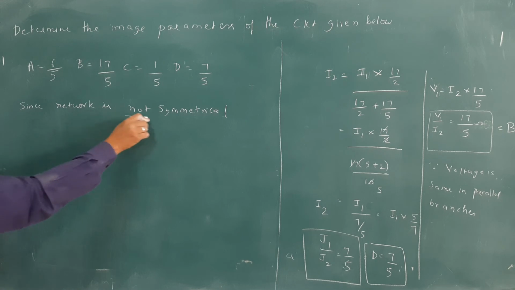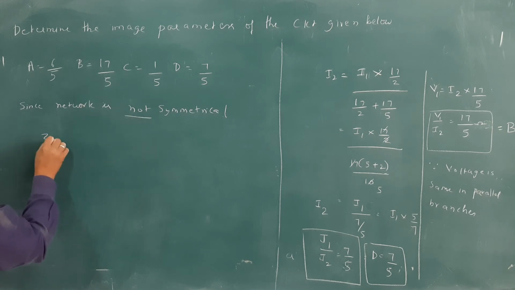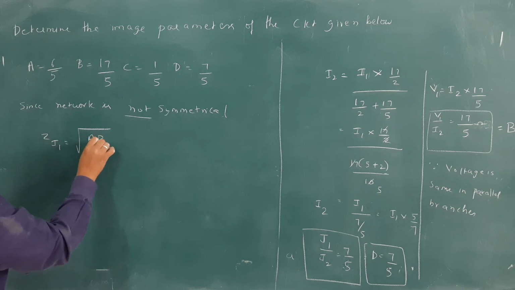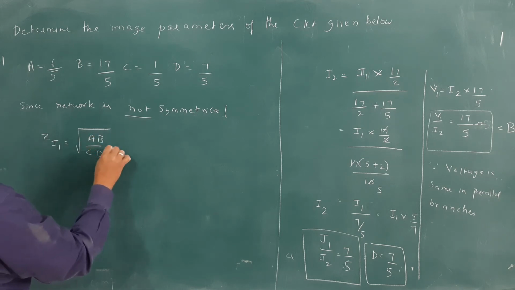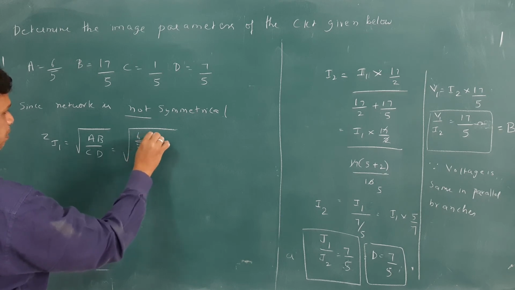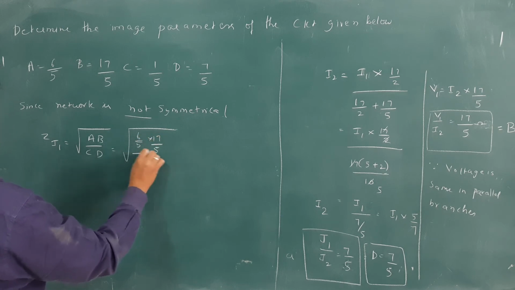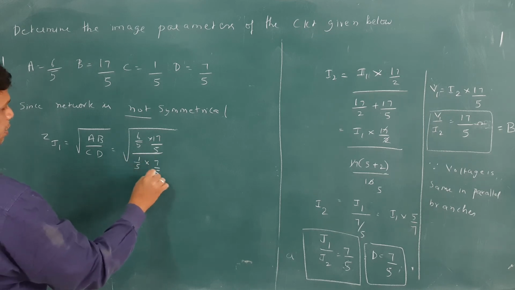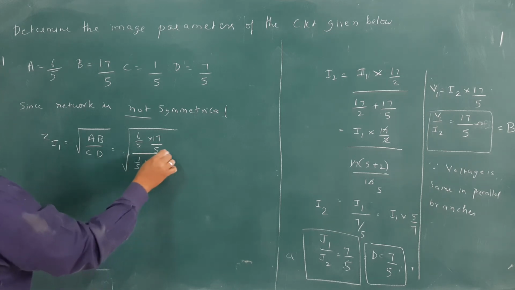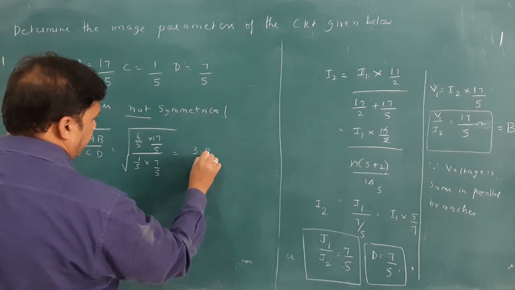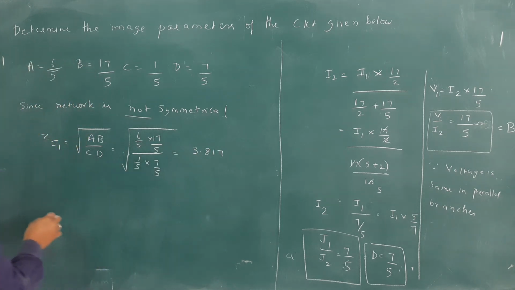it is not symmetrical, and we can write the image parameter ZI1 is equal to square root of AB by CD, that is equal to square root of 6 by 5 into 17 by 5 over 1 by 5 into 7 by 5, that becomes, after cancellation, 3.817 ohms.